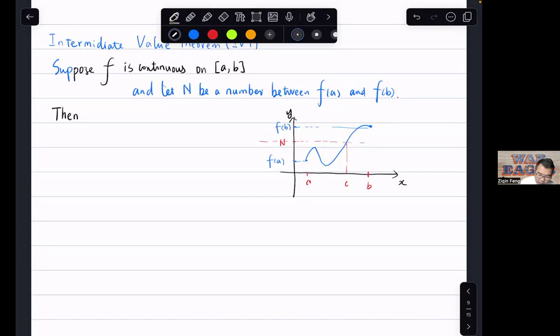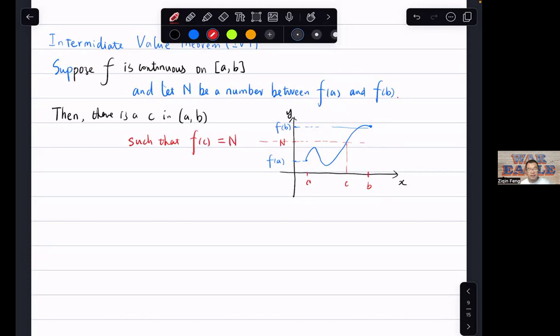So there is a C inside the interval AB, because N is a number between f of A and f of B, so for sure it's different from f of B, such that f of C equals N. This is basically what's going on with our intermediate value theorem.